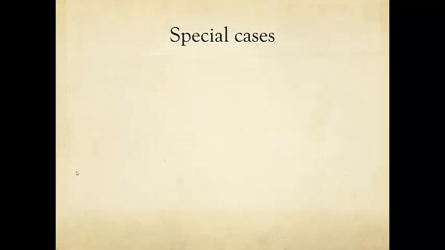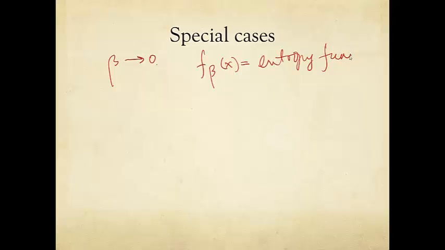So it turns out there are quite a few interesting special cases. First, when beta goes to 1, then you can verify by L'Hopital's rule that this fairness function becomes the entropy function of x, or normalized x, because entropy supposedly acts on a probability distribution.